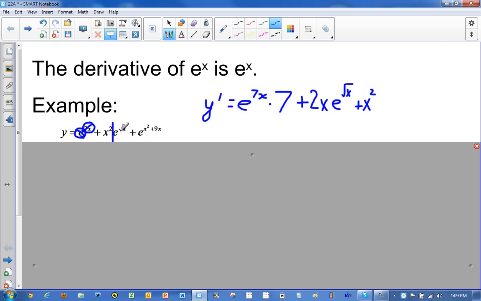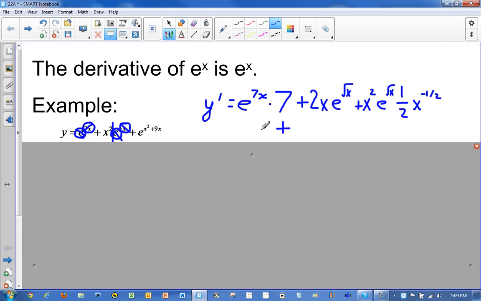That's where the chain rule comes in. The derivative of e to the something is e to the something, and then I take the derivative of the something, which in this case is root x, or x to the 1/2. The derivative of that is 1/2 x to the negative 1/2. That takes care of that.